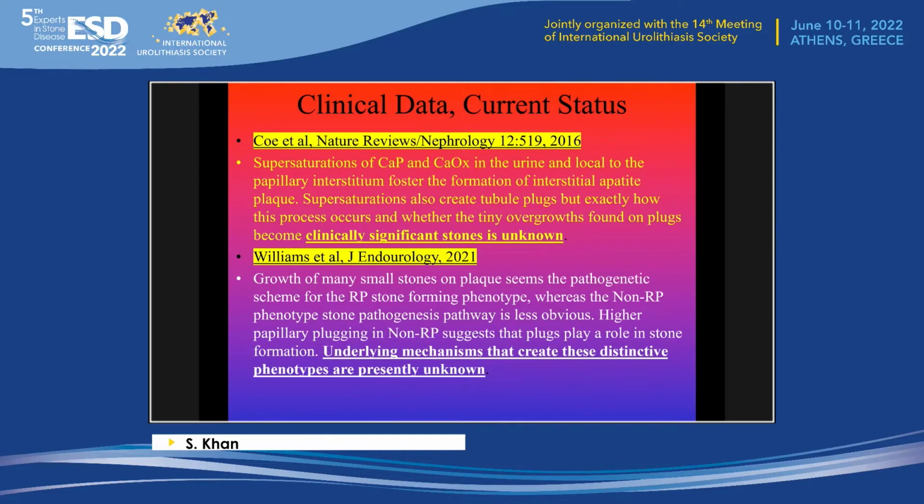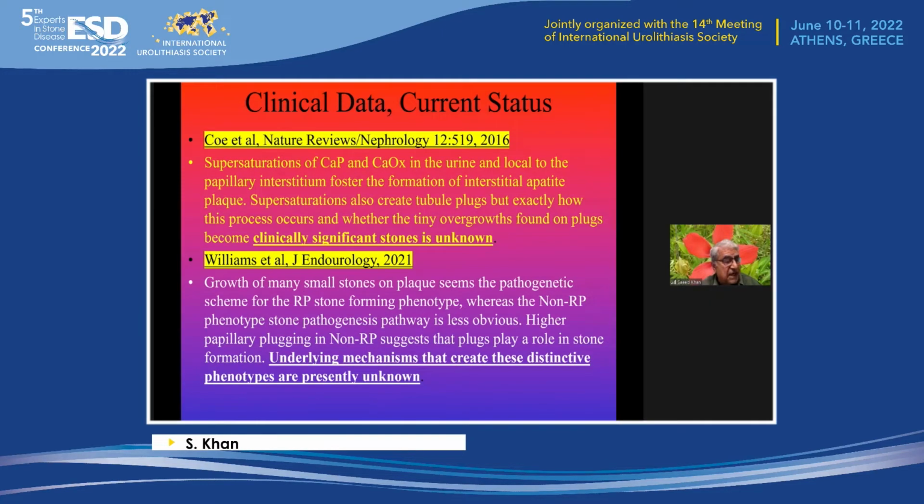That was 2016. Now in 2021, Jim talked about it, and he says growth of many small stones on plaques seems the pathogenetic scheme for the Randall plaque associated stone forming phenotype, whereas the non-Randall plaque phenotype stone pathogenesis pathway is less obvious. Higher papillary plugging in non-RP suggests that plugs play a role in stone formation.